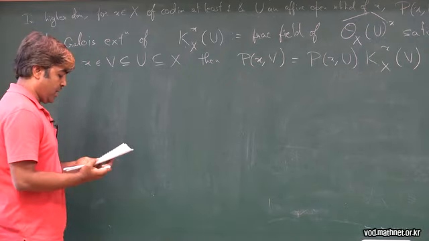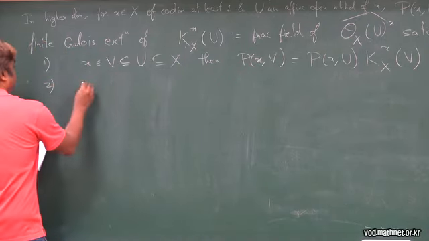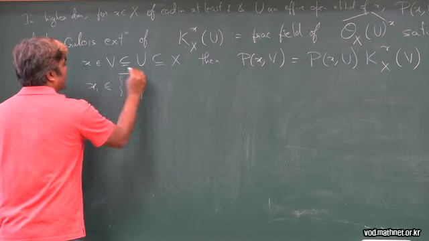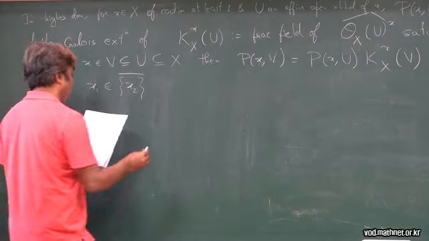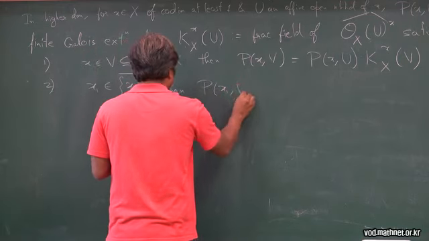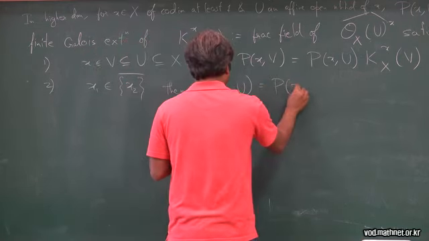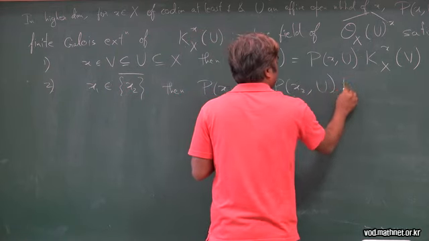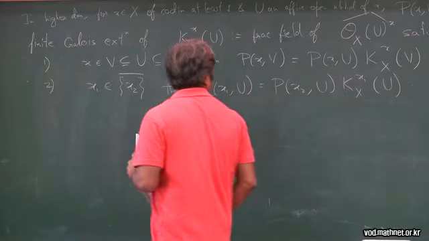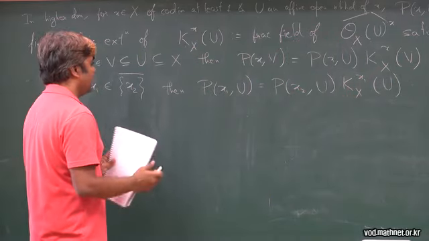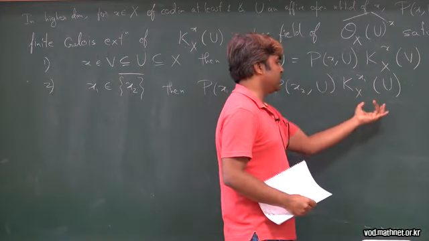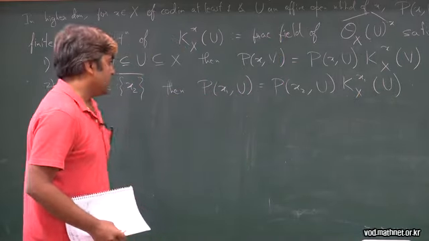And the second is: if x1 is a point contained in the closure of some other point x2, then again you want P_x1U to be equal to P_x2U tensored with K_x1U. Again, K_x2U is contained in K_x1U.